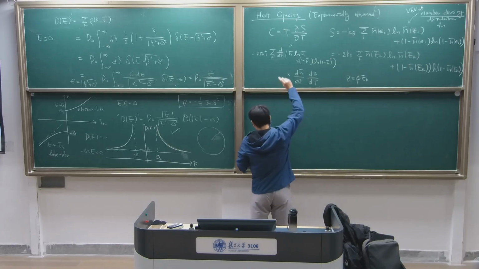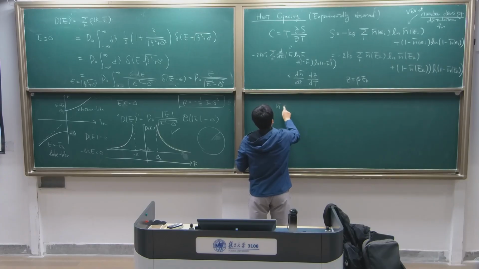Suppose, what is n bar? n bar is equal to 1 over e to the beta E plus 1.